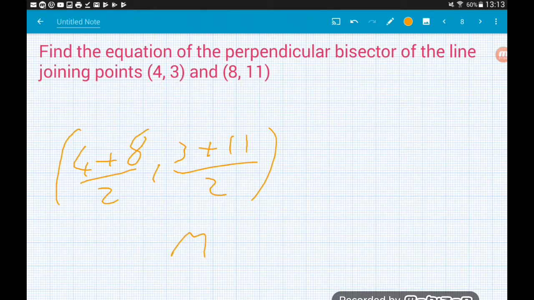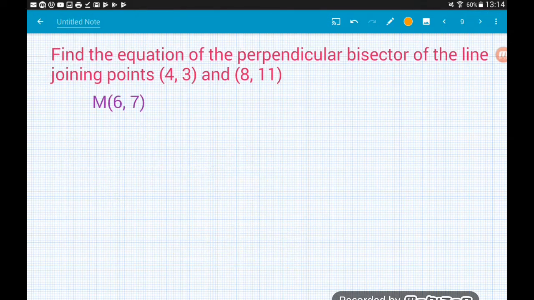So that tells us the coordinates of our midpoint: 4 plus 8 is 12, divided by 2 is 6, and 3 plus 11 is 14, divided by 2 we are going to get 7. So we know the coordinates of the midpoint of the line connecting these 2 points together is (6, 7).